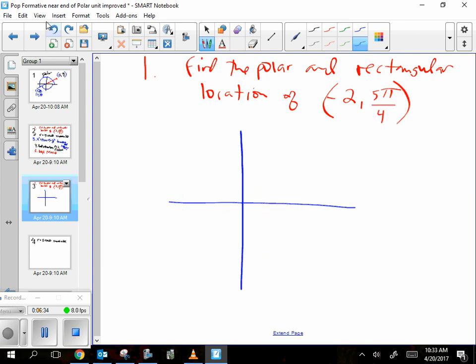I like to think of the angle first. Well, here's where 5 pi over 4 is, approximately. It's supposed to be a 45-degree angle there. Good enough. Now that's where 2 comma 5 pi over 4 is. That's not where negative 2 comma 5 pi over 4 is.